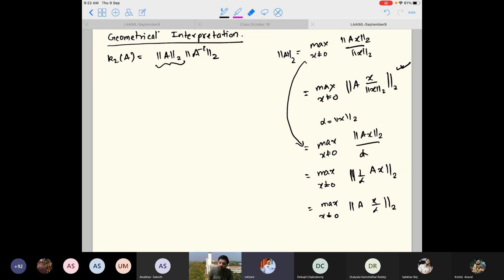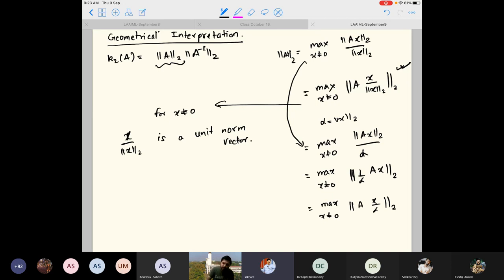But this is happening for any arbitrary X, so this is true for any X not equal to 0. X by norm X is a unit norm vector, because you are dividing by the norm. So X by norm X is a unit norm vector for any X not equal to 0.